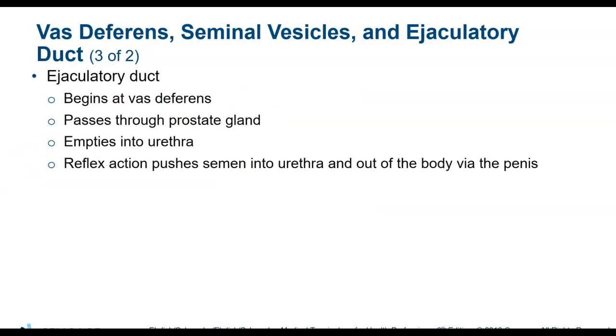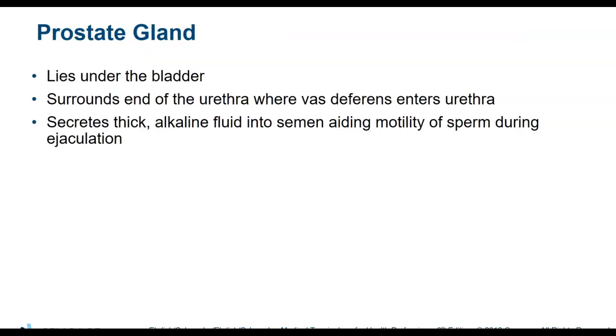The ejaculatory duct begins at the vas deferens, passes through the prostate gland, and empties into the urethra. The reflex action then pushes the semen into the urethra and out of the body through the penis. The prostate gland lies under the bladder. It totally surrounds the end of the urethra where the vas deferens enter.